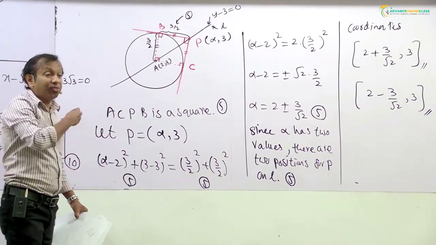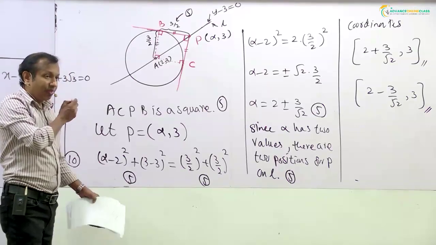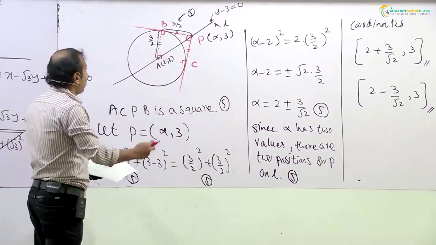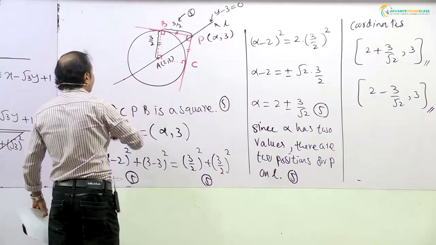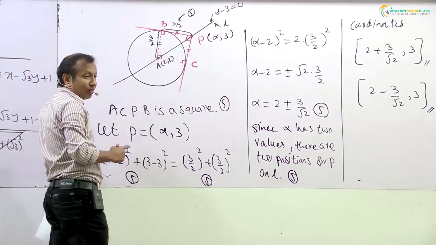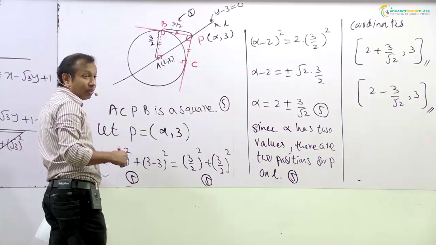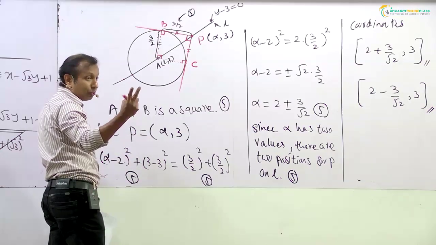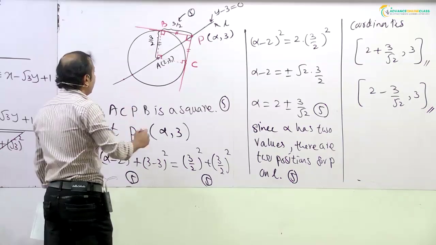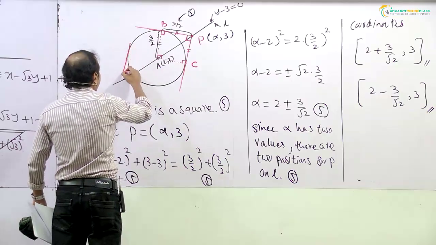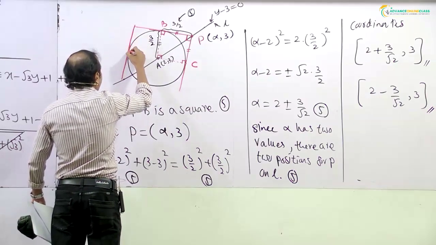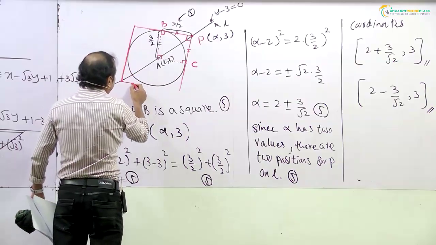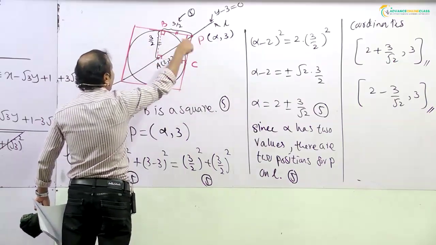Since there are 2 points for P on the same line, there's another point here, no? From there also another 2 tangents we can draw. They are also perpendicular to each other because we proved there are 2 locations for the point P like this. This is that required quadrilateral.